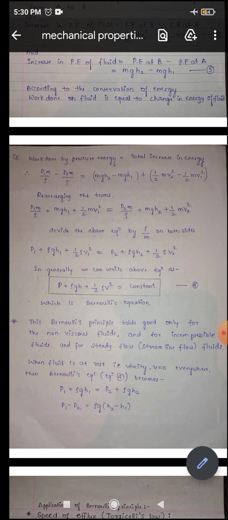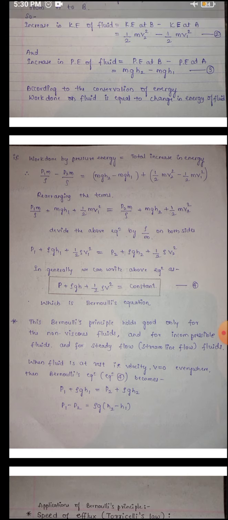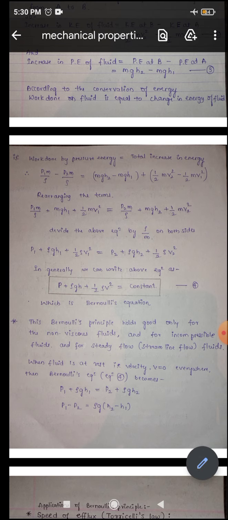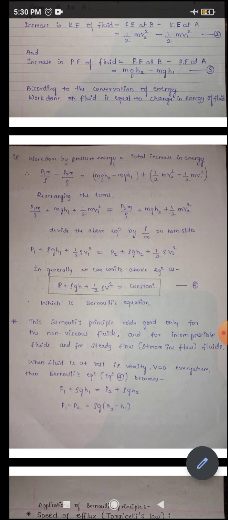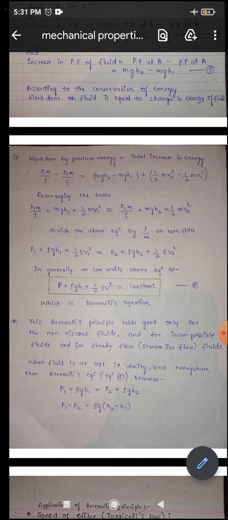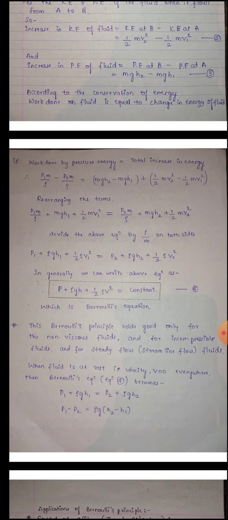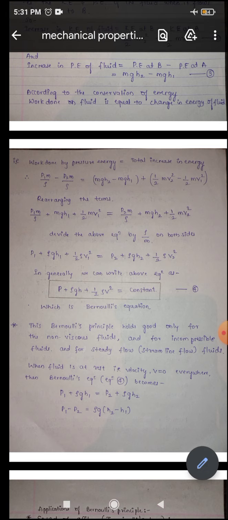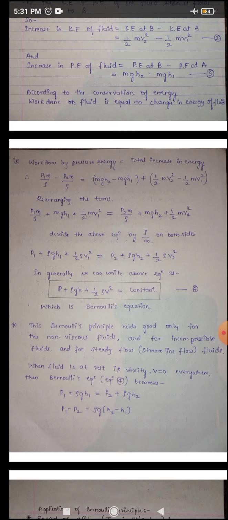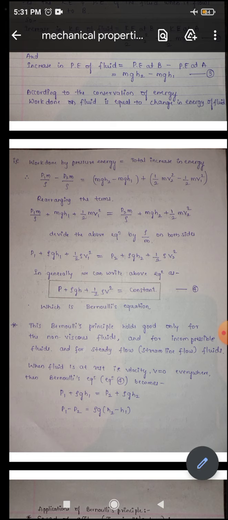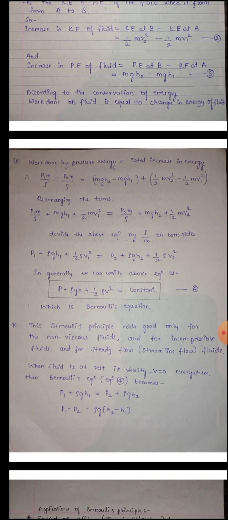Next, this minus 1 by 2 mv1 square, we are sending it to the left side, so that will become plus half mv1 square. Then that will be equal to, we are sending this minus P2m divided by rho to the RHS, so that will be plus P2m divided by rho plus mgh2 plus half mv2 square.